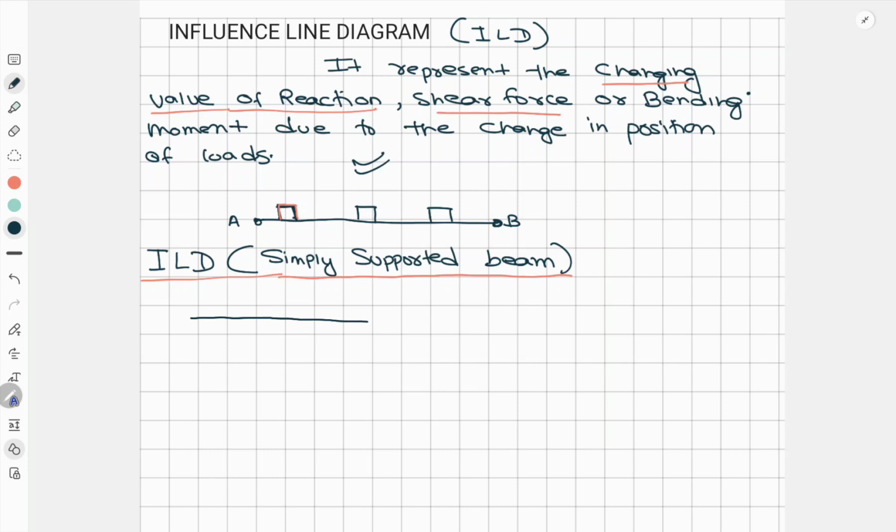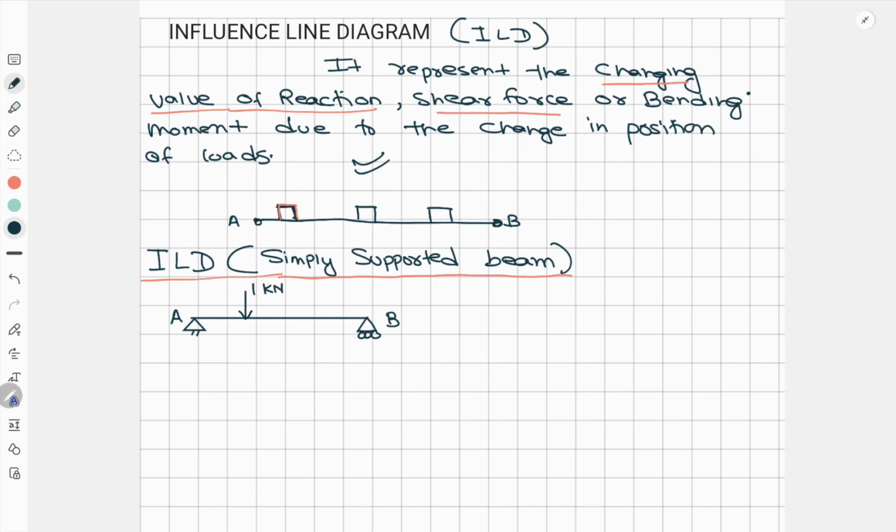So this is a simply supported beam where one end is hinge and the other one is roller, and here one point load is acting of 1 kilonewton, suppose. Okay, of 1 kilonewton. Now let's take this as A and this as B.